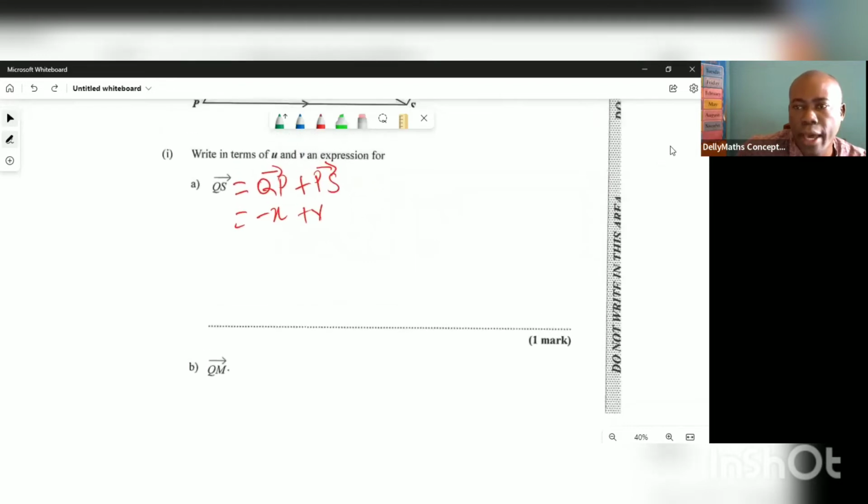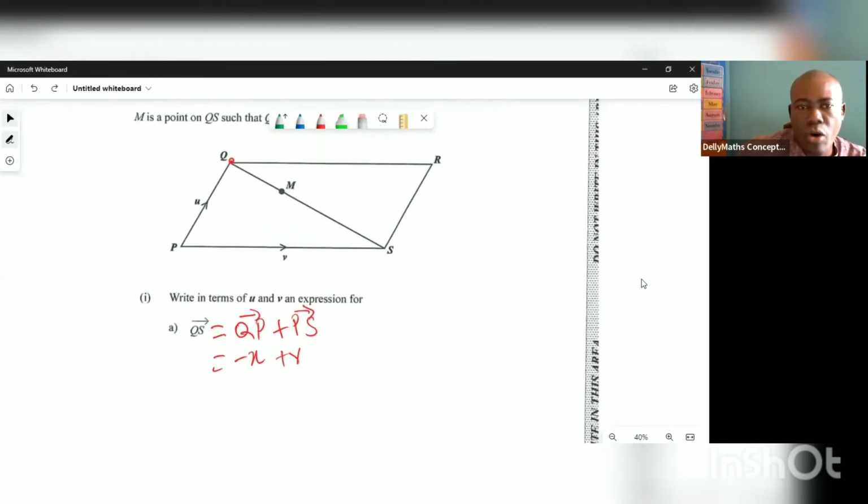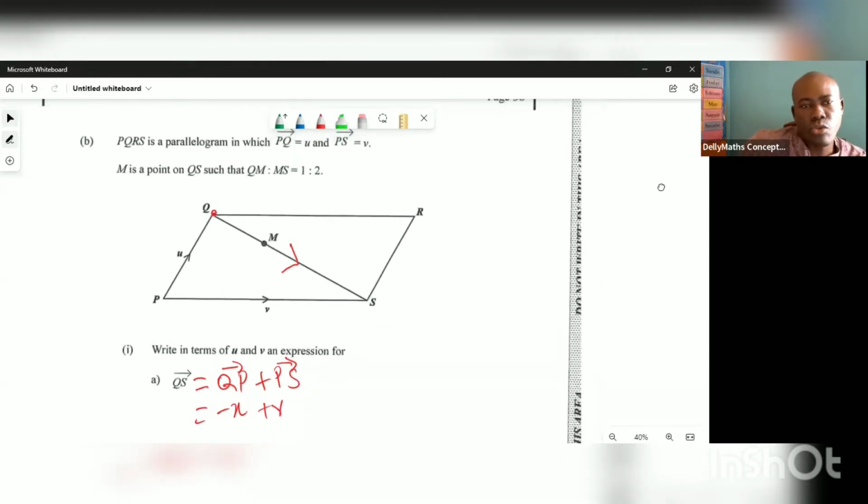QM, let's go for QM. So I just found QS, but now they want QM, and I was told that M is on QS such that QM to MS is in the ratio 1 to 2. So the line was actually divided into 3 pieces where QM got 1 piece and MS got 2 pieces.